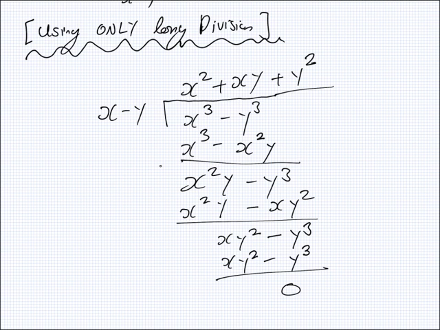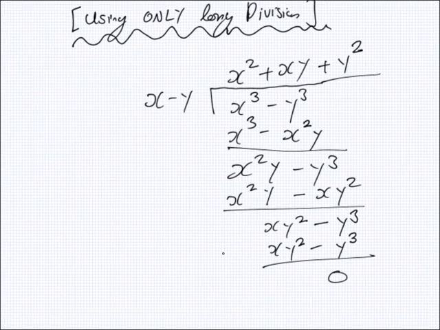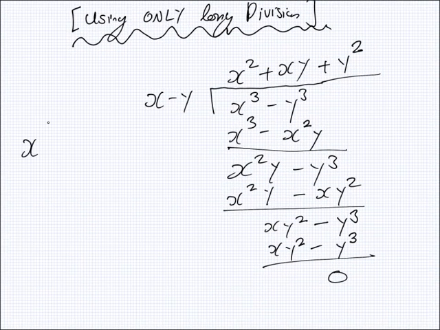Anyways, I could easily change this question so that you don't have a formula. I could have said, for example, x to the 5 minus y to the 5 over x minus y. So now you can't use a formula. And I know that this will divide. I know that this will have no remainder.